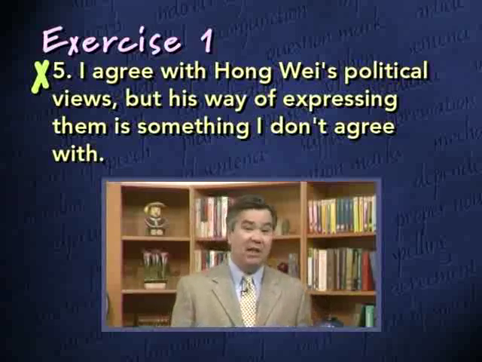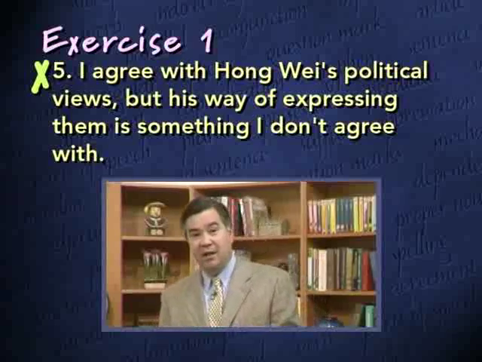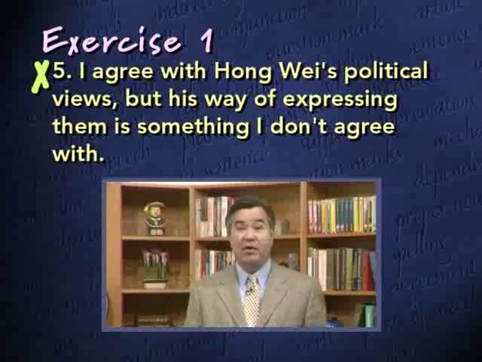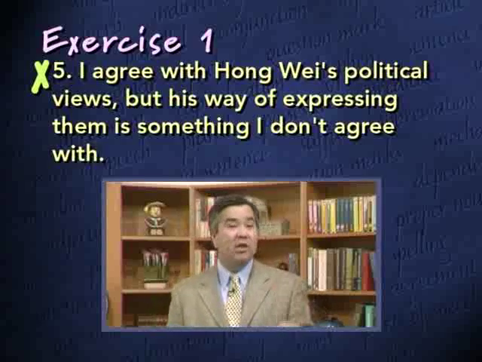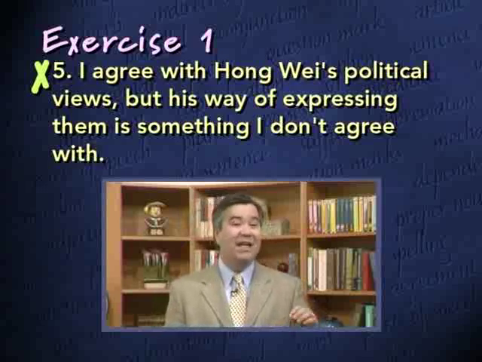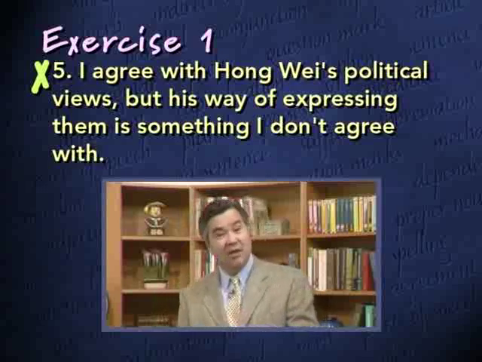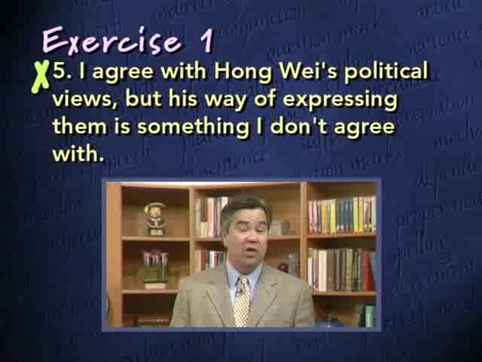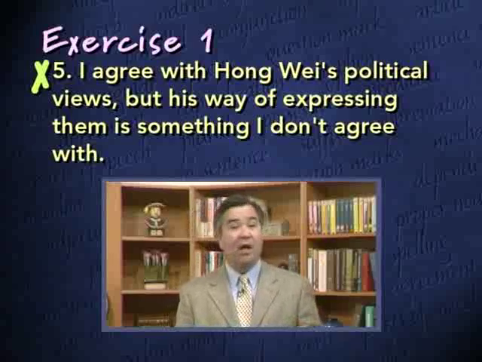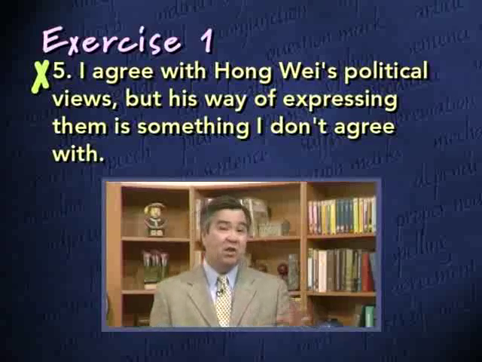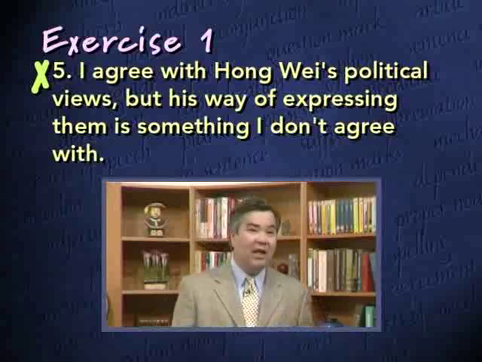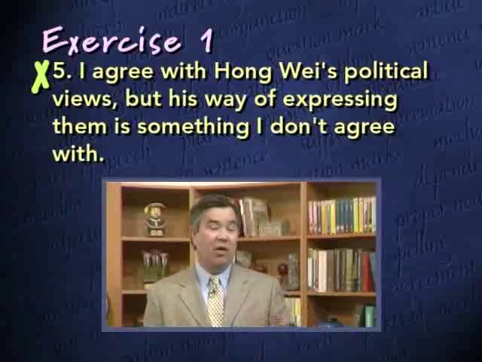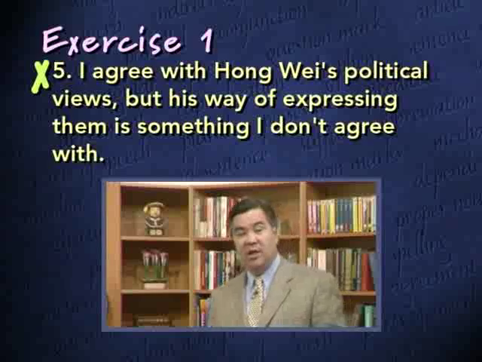The first idea differs from the second idea. In the first idea, the author is describing something that he agrees with about Heng Wei, namely his political views. The second clause is describing something the author doesn't agree with, namely the way Heng Wei expresses them. So we have two ideas that are in contrast to one another. The author agrees with one, disagrees with the other.